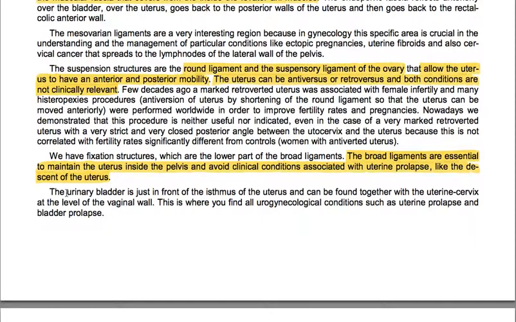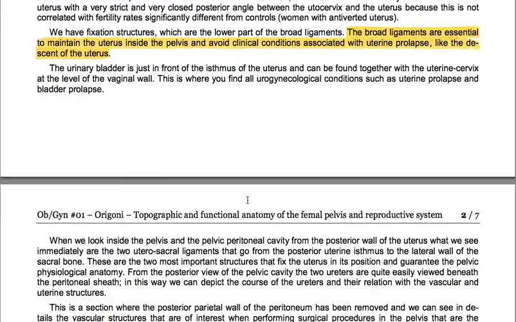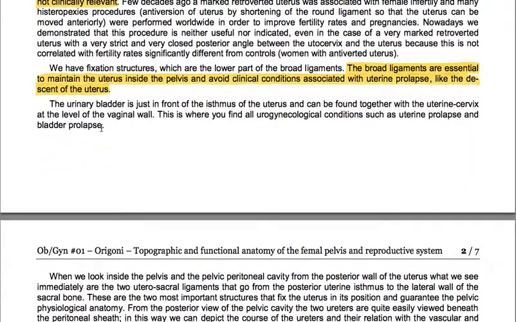This is where you find all urogynecological conditions such as uterine prolapse and bladder prolapse. This is the vaginal wall. In the vaginal wall we see the uterine cervix portion, and these conditions such as uterine prolapse and bladder prolapse.